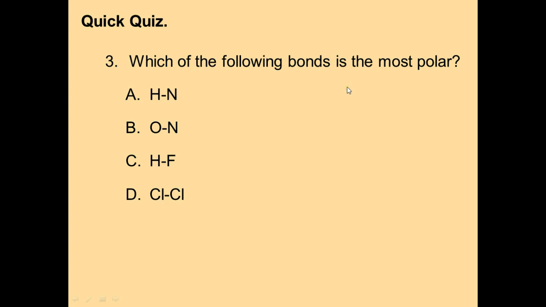But right away, let's just look at D. Once you see D, you can immediately eliminate it as the most polar because this is nonpolar, because chlorine and chlorine both pull with the same force.